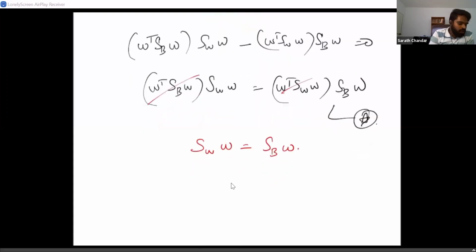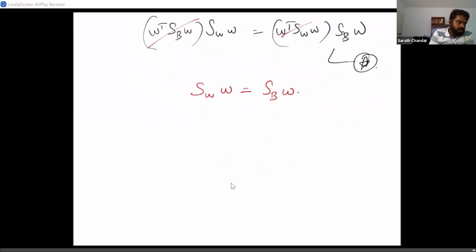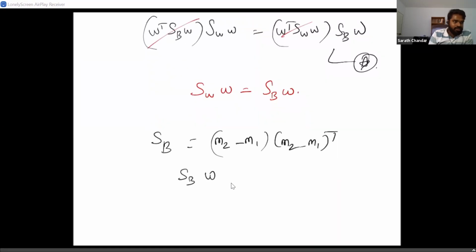Now we know that S_B is given by (M2 minus M1)(M2 minus M1) transpose, right? Which means S_B W is always in the direction of M2 minus M1, right?